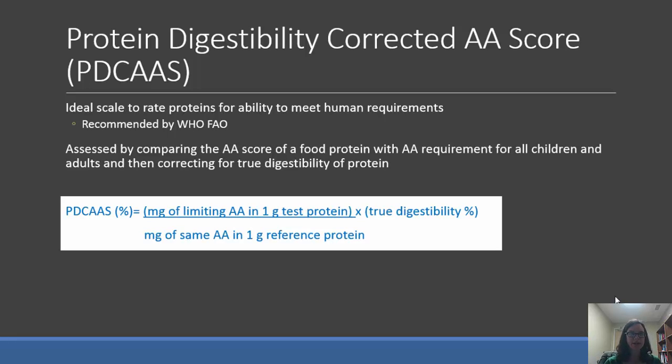And because of this, it's recommended by the World Health Organization and the FAO. So the way that this score is determined is by comparing the chemical score of a food protein with the amino acid requirement for children and adults, and then correcting it for true digestibility of the protein.